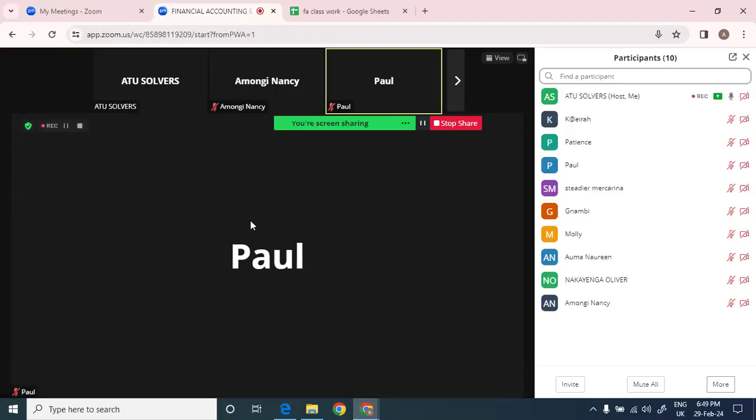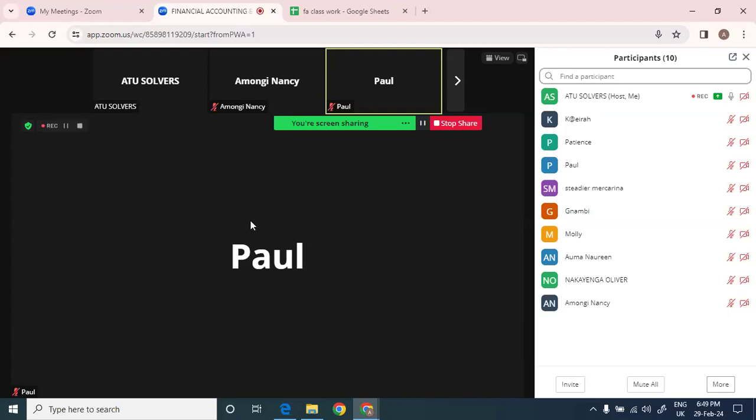Weighted average cost, we look at the total value of goods, let me even put in shillings, the total value of goods in shillings divided by the total quantities of items in units.